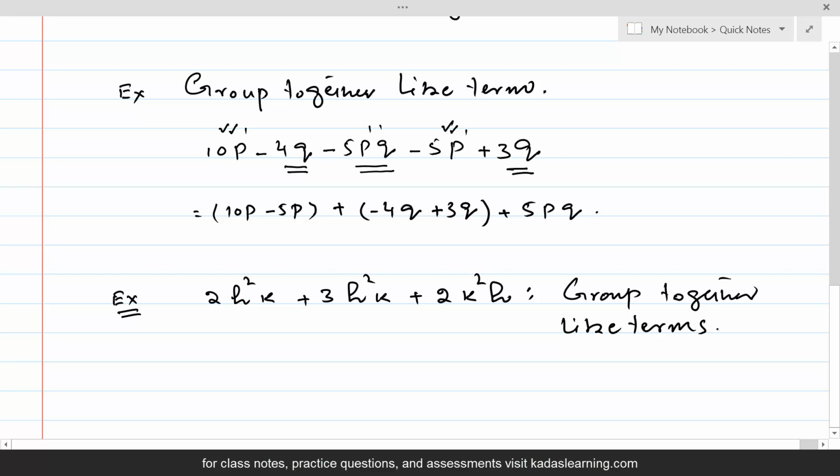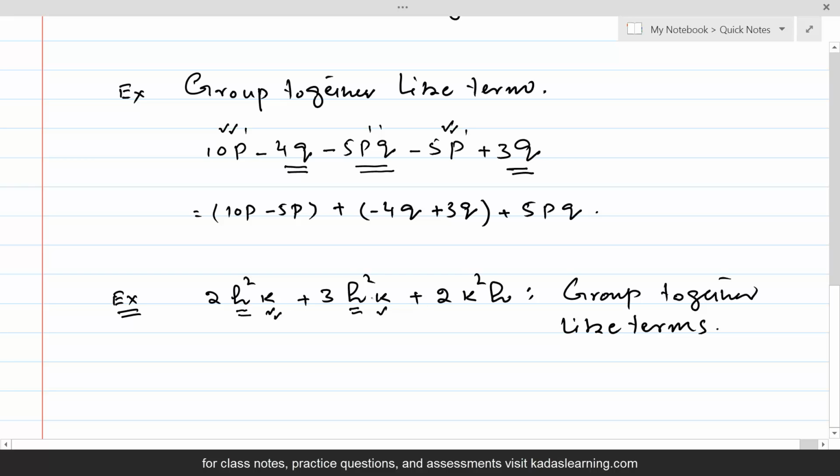So if we want to group them together, first you have to take a look at individual symbols. Here is h square and here is h square. That's not done yet because there is a k there. There is a k and there is k.